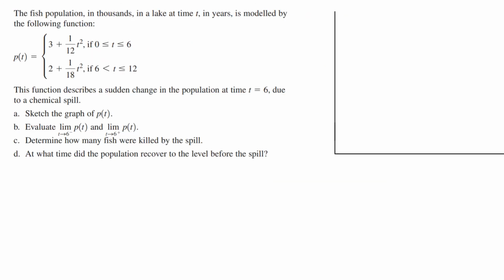Last question. The fish population in thousands in a lake at time t in years is modeled by the following function. I can see that it's a piecewise function. This function describes a sudden change in the population at time t equals 6 due to a chemical spill. So from this description, I'm already expecting a sudden change at time equals 6.